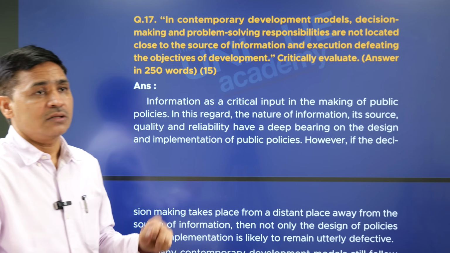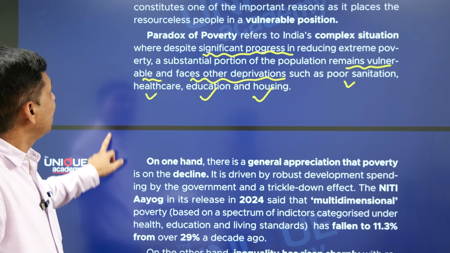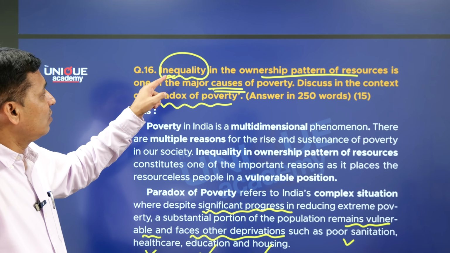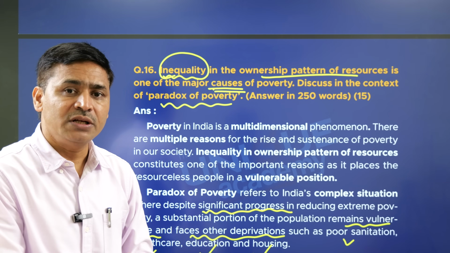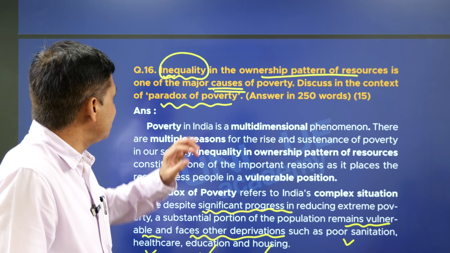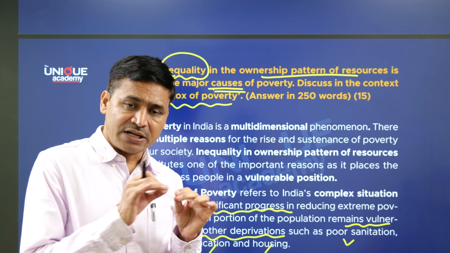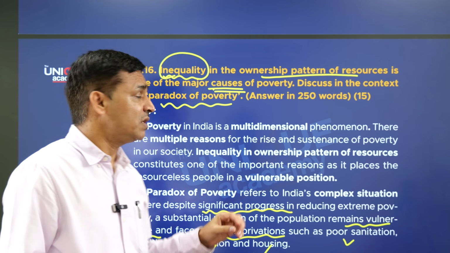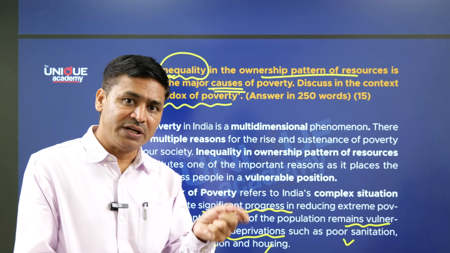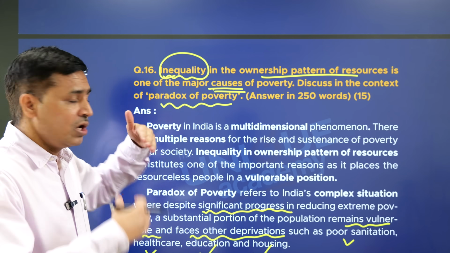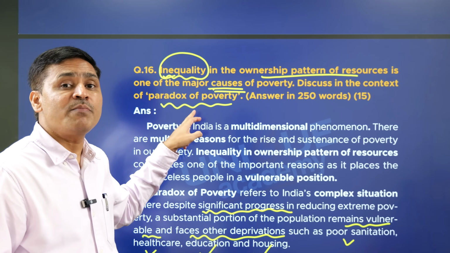Now, let us get back to that question once again. The question is certainly on poverty. The main topic happens to be poverty, the causes of poverty, to be specific. But then one thing is identified right in the question by the UPSC, that is inequality in the ownership pattern of resources. So in what way does that inequality highlight the paradox of poverty?